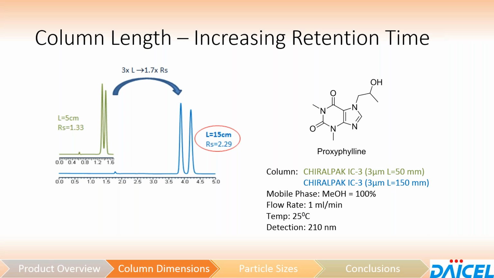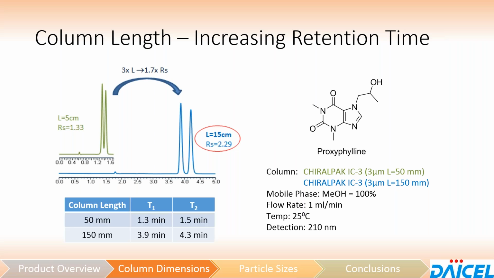Now, if we go back and look at that example again of the separation on ChiralPak IC, you can estimate from these chromatograms what the T1 and T2 of the peaks are, but I broke them out into a separate table to make the visualization easier. For the 50 millimeter length column, T1 is roughly 1.3 minutes and T2 is roughly 1.5 minutes.